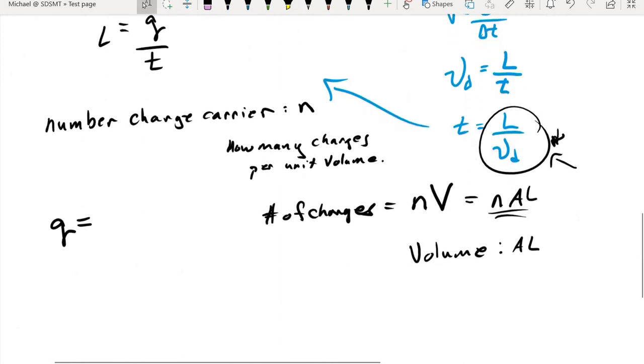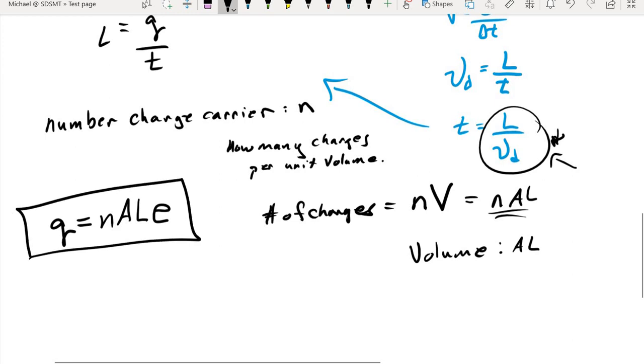I'm just going to go back to the idea that for an electron or a proton, the amount of charge on either of those has a magnitude of e, the elementary charge. And so this is how much charge we have available inside that conductor. That is how much charge that we can move. And that is what we want to do with our current.